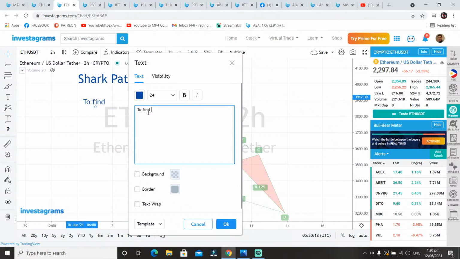To find B, we should use fib retracement.